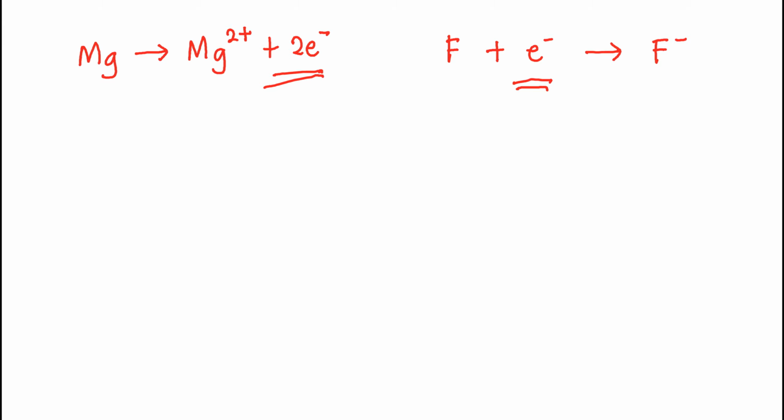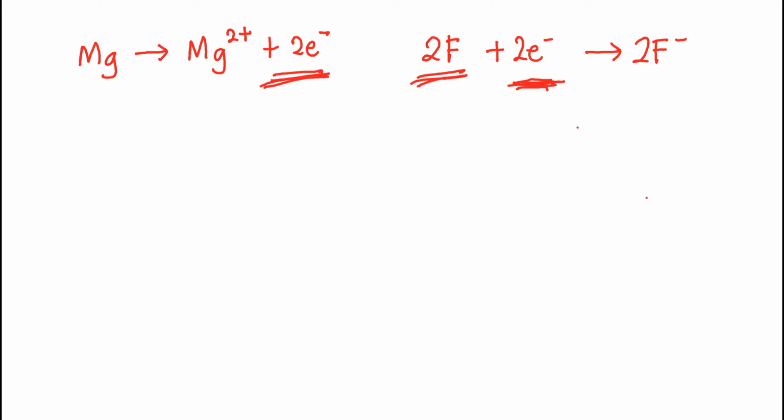To do that, we need to multiply the second equation throughout by 2. So now the magnesium can give 2 electrons and the fluorine can receive the 2 electrons. But notice it's not 1 fluorine atom, it's 2 fluorine atoms.